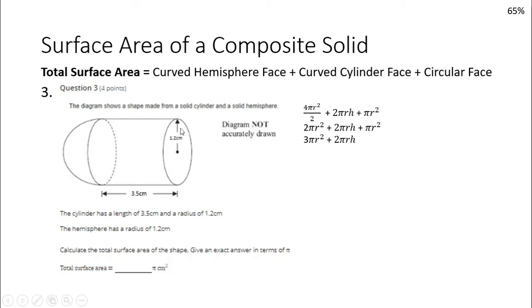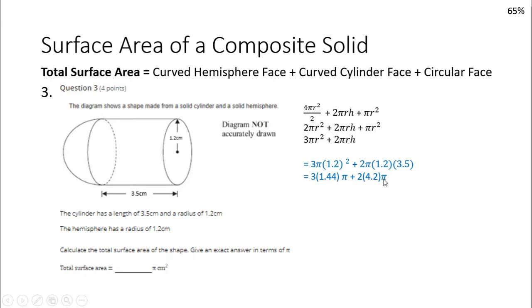I know the radius is 1.2, and I know that the height of the cylinder is 3.5. So I've got 3 pi radius 1.2 squared plus 2 pi radius 1.2, height 3.5. That works out to be 1.44, that's the 1.2 squared. And these two multiplied together gives us the 4.2. I've just put my numbers in front of my pi's.